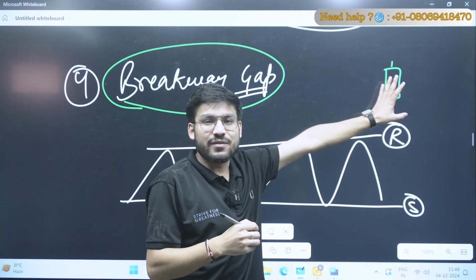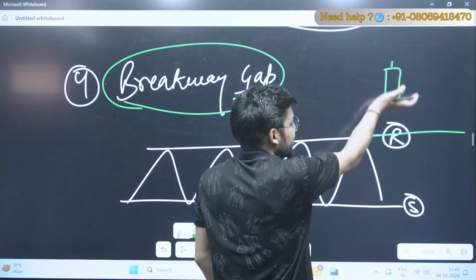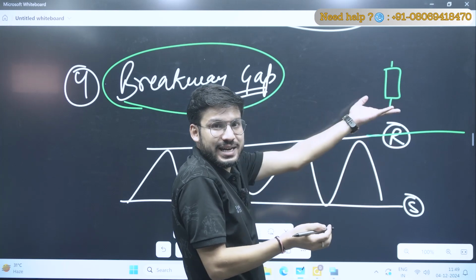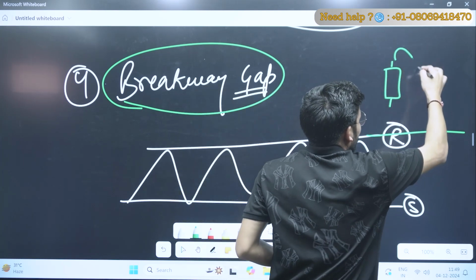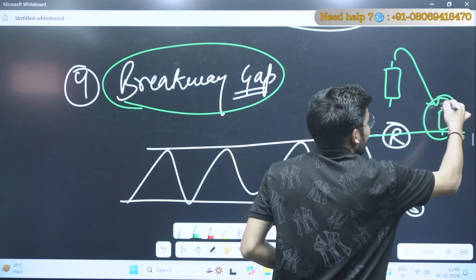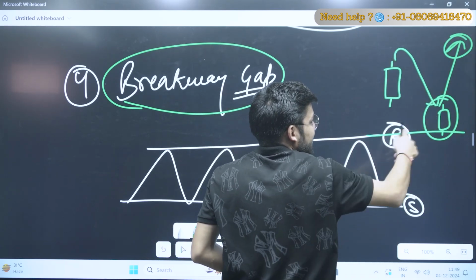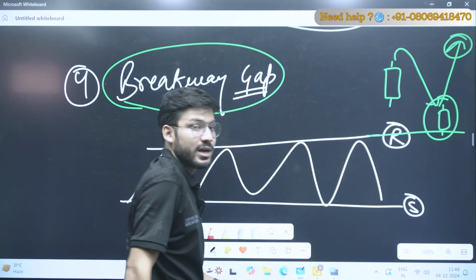Whenever there is a breakaway gap, usually if my market opens above this resistance without breaking it, it will come back to this resistance, act as a support, and then go upward again. So you have to wait for the market to retest the resistance, and then it will go in the upward direction.